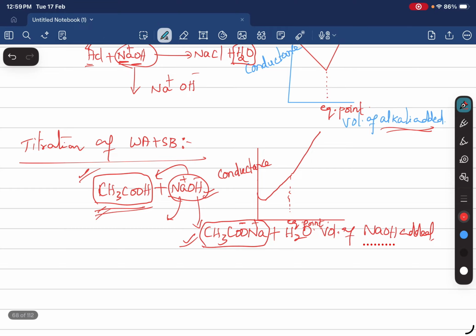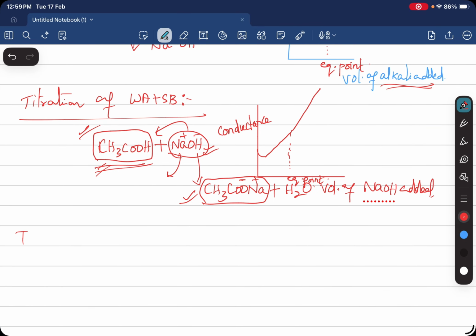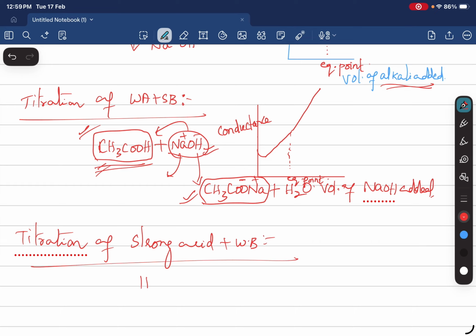Coming to the next model, titration of strong acid with weak base. An example for this: HCl reacts with NH4OH and gives NH4Cl plus H2O.